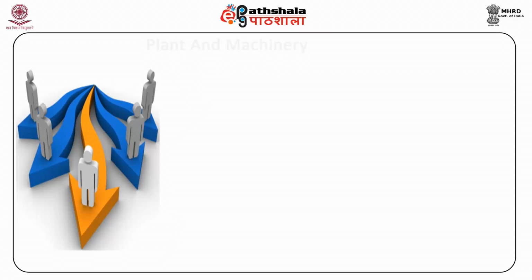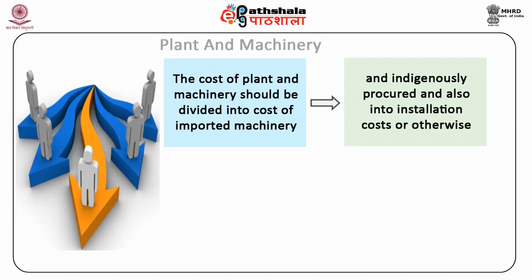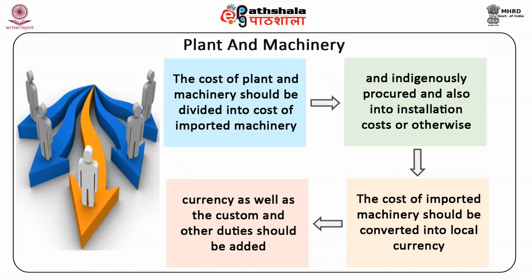Plant and machinery. The cost of plant and machinery should be divided into cost of imported machinery and indigenously procured, and also into installation cost or otherwise. The cost of imported machinery should be converted into local currency as well as the custom and other duties should be added.